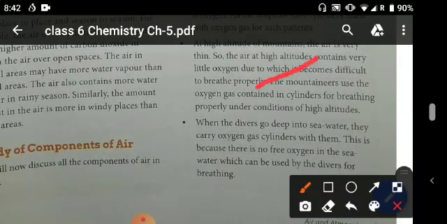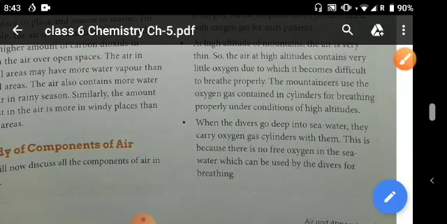A question arises: why do mountaineers use oxygen gas cylinders at higher altitudes? Your answer will be that since there is a smaller quantity of oxygen at higher altitudes, that's why mountaineers use oxygen cylinders.